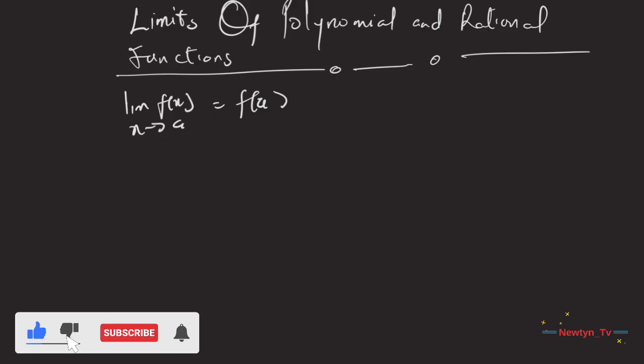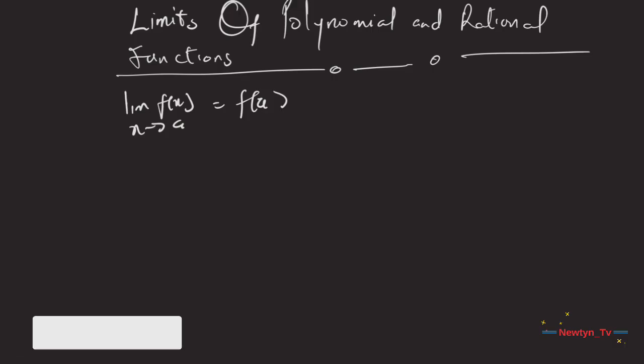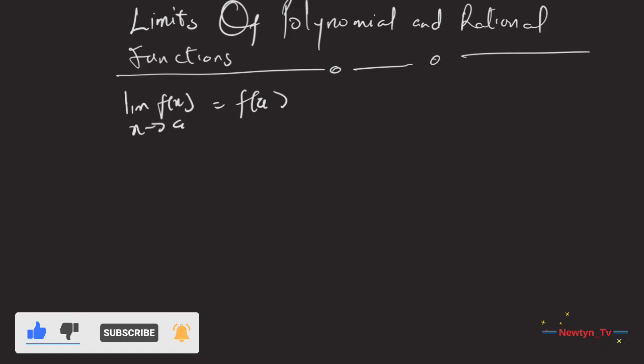This is not always true, but it does hold for all polynomials for any choice of a, and for all rational functions at all values of a for which the rational function is defined. So let's look at the theorem for limits of polynomial and rational functions.